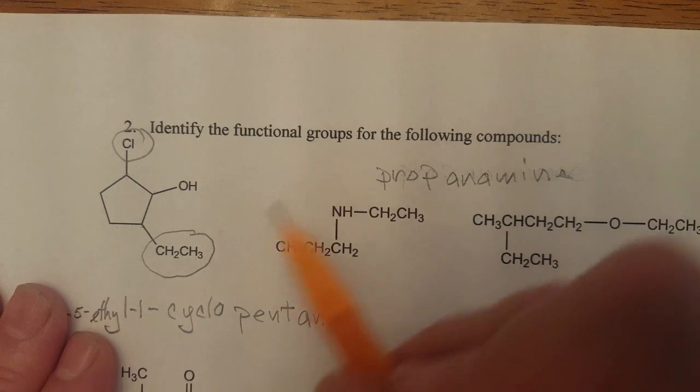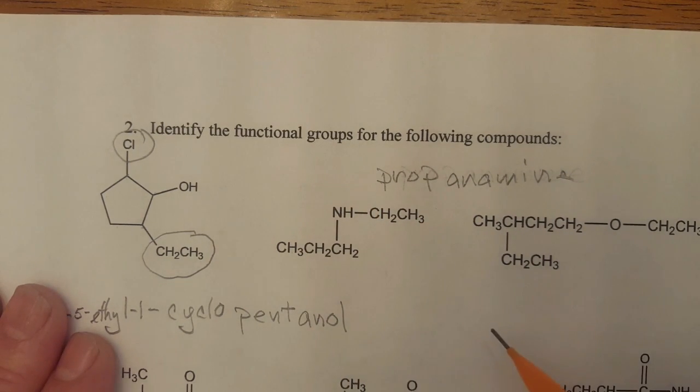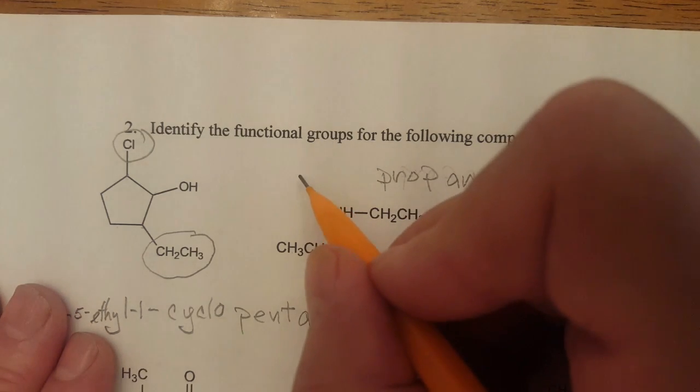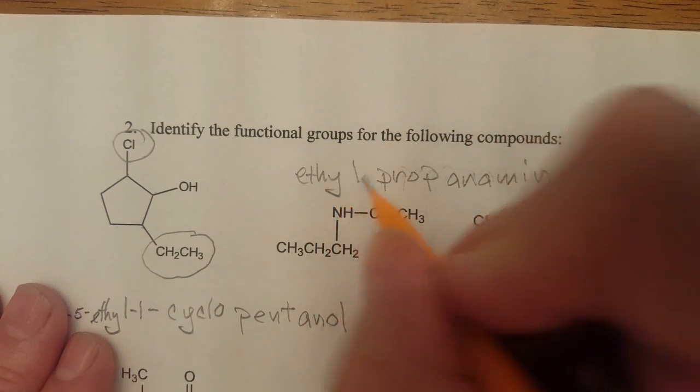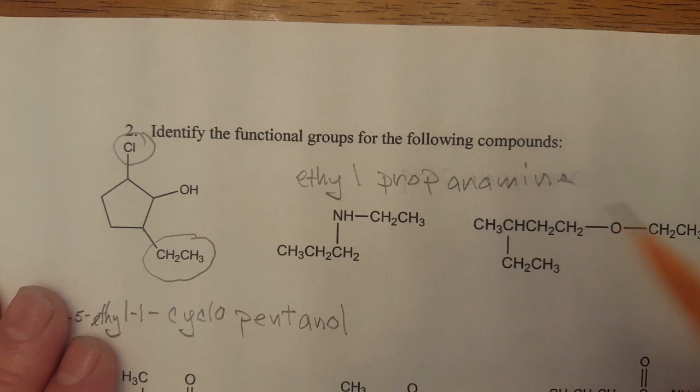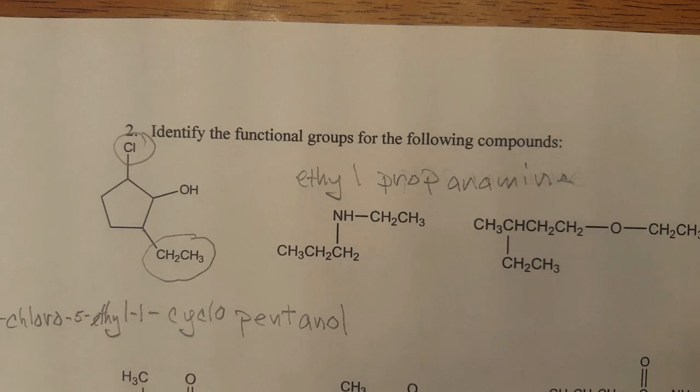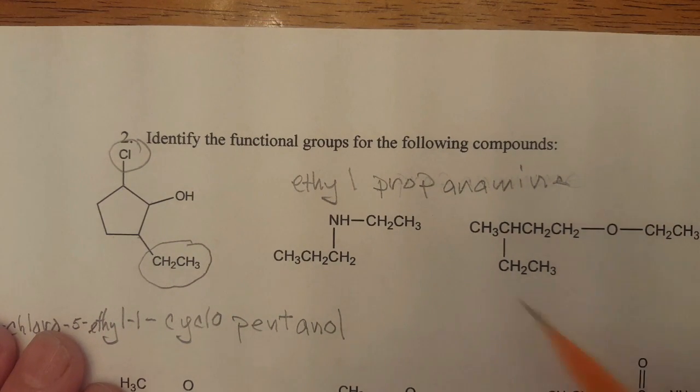So this part of it is propanamine. But it has a substituent group on, and that's ethyl. So this is going to be ethyl propanamine. Ethyl propanamine.